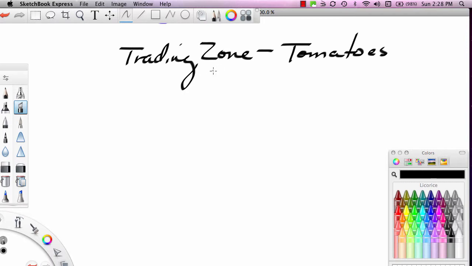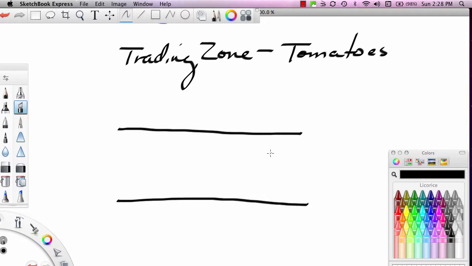In essence, we're going to be looking at the market for tomatoes. There will be an upper limit and a lower limit in this trading zone. The upper limit is set by the buyer's maximum price.